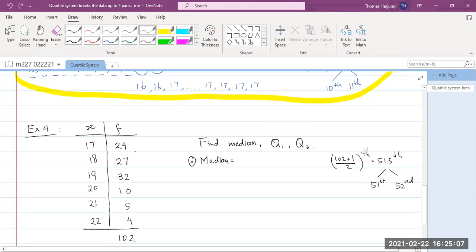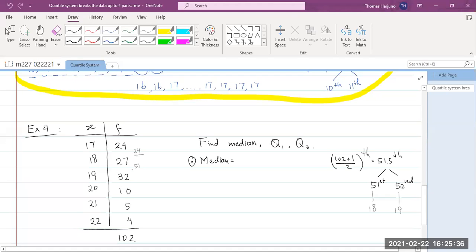Cumulatively speaking, the first class is 24, up to the second class, that's 51. Oh, so data number 51st is 18, and data number 52nd will be 19. Yeah, because the total up to the first 51 data, the 51st data is 18, and that's already exhausted.